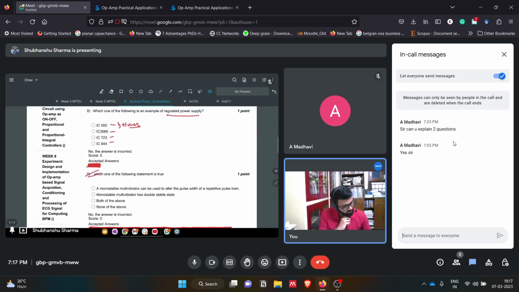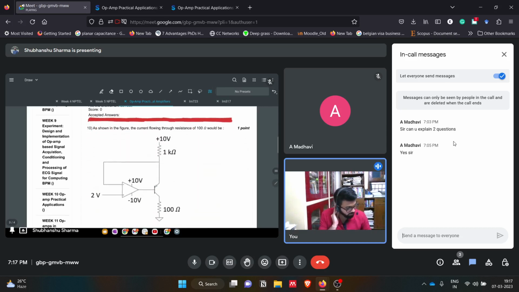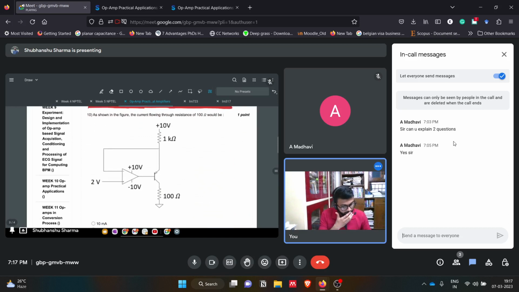Okay, now this question: as shown in the figure, the current flowing through the resistance of 100 ohm would be. So it is also again simple. First of all, we'll see whether this BJT is working in the active region or which region. If we are providing 2 volts here, since this is 2 volts, based on the virtual short we can say this is also 2 volts.